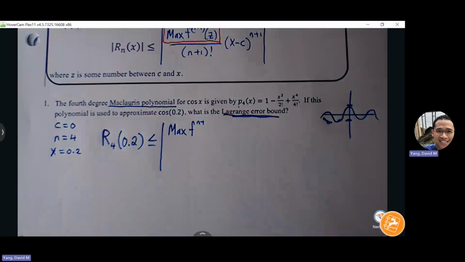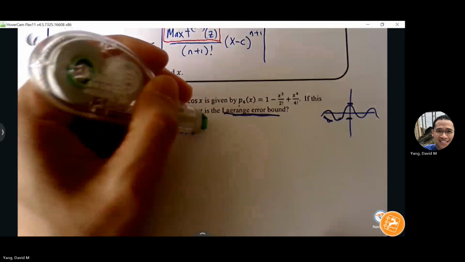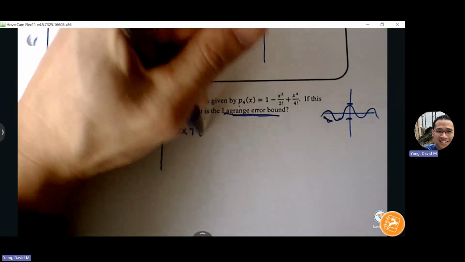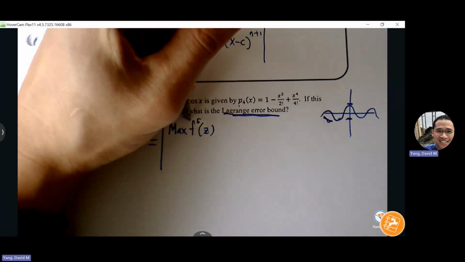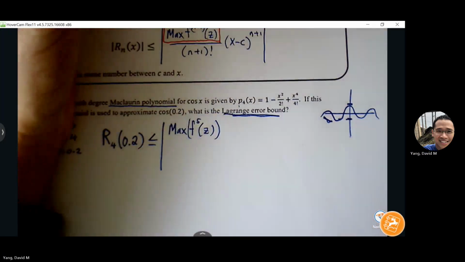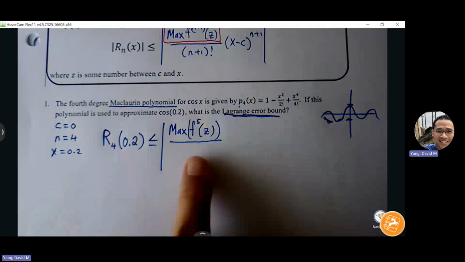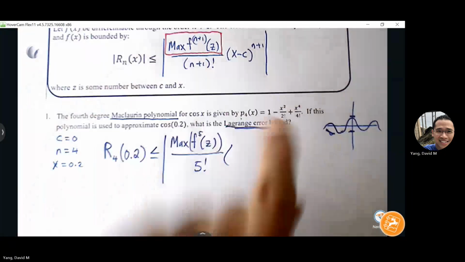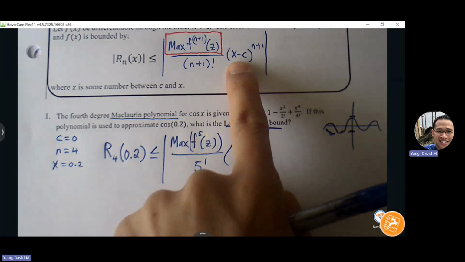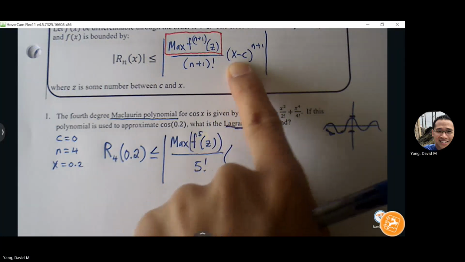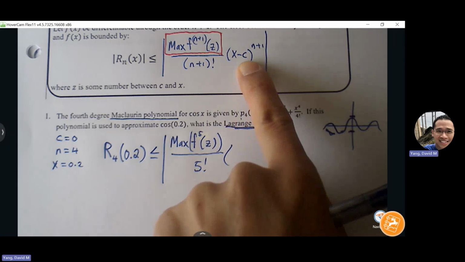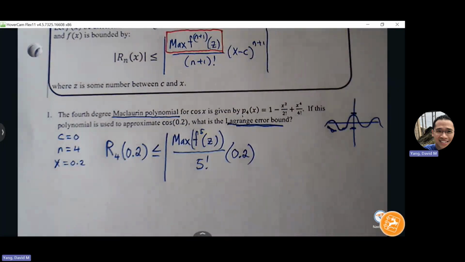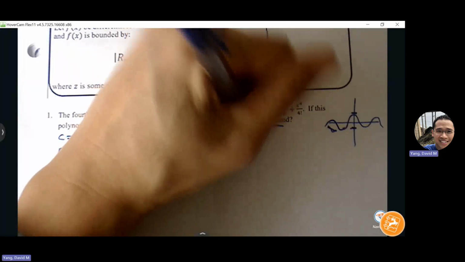So in this case, which derivative are we going to be looking at? Fifth, right? Okay, so the fifth derivative evaluated at some z, which we don't know, but it's okay. Over what? Factorial times x minus c. What's our x? 0.2 minus 0. So I'm going to drop that 0 there. Raised to the fifth.